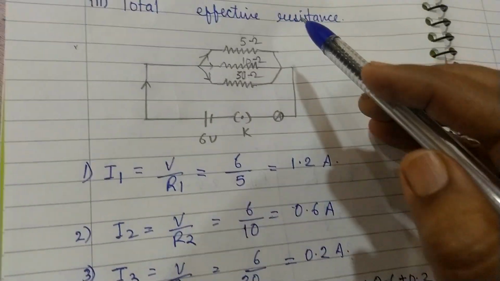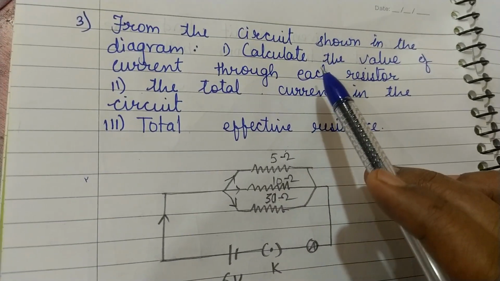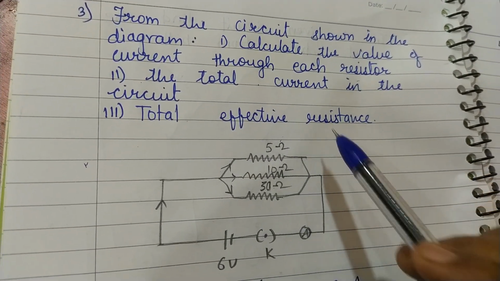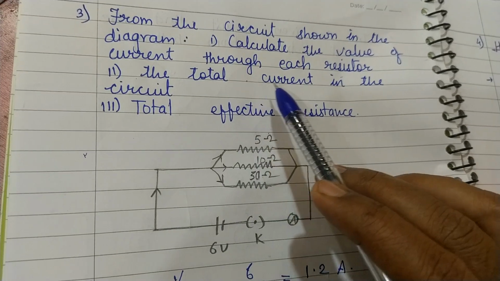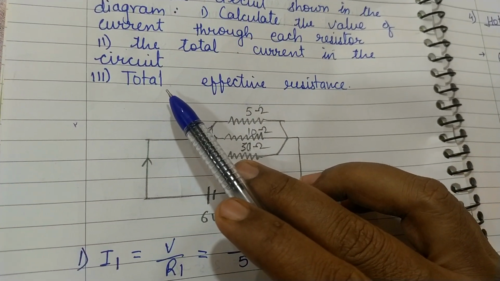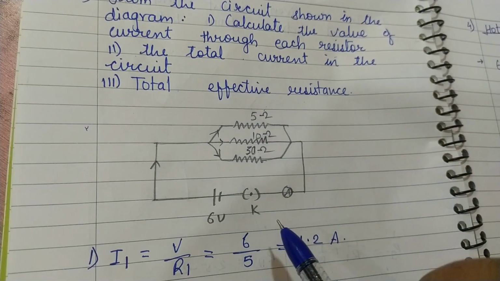See, now our two sub questions we have done. We have calculated the value of current through each resistor, that is I1, I2 and I3, and we have also calculated the total current in the circuit. Okay, now what is remaining? Total effective resistance.